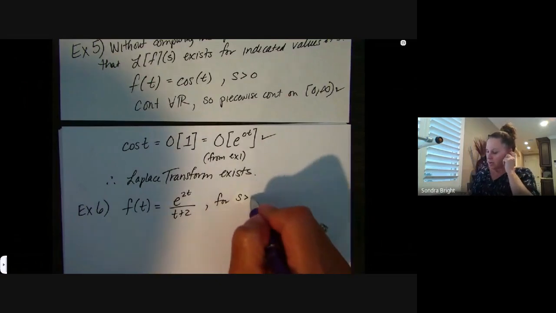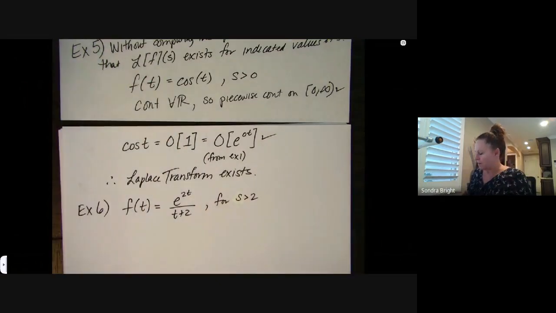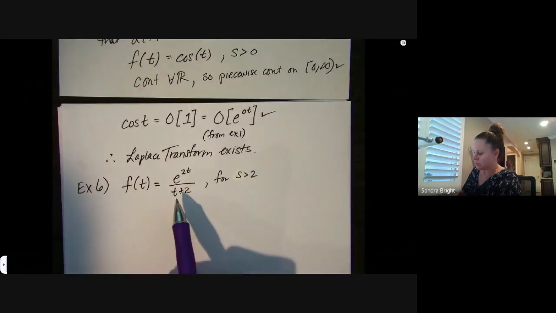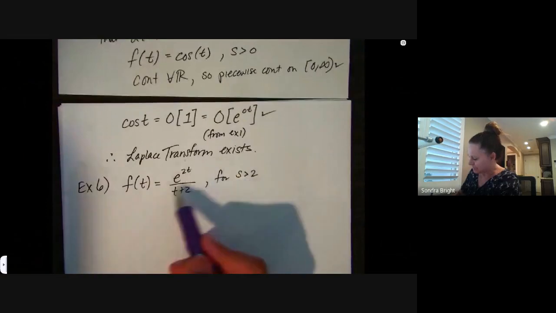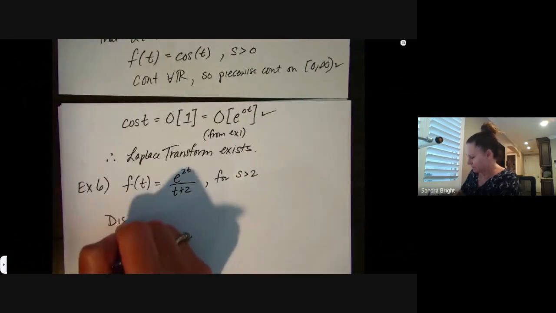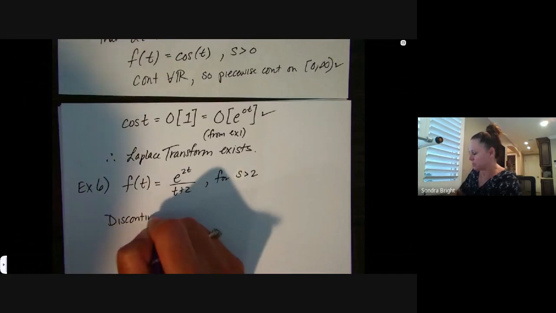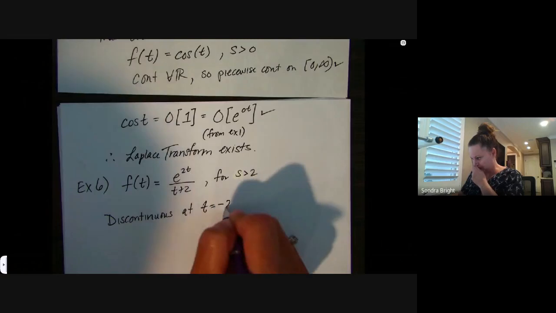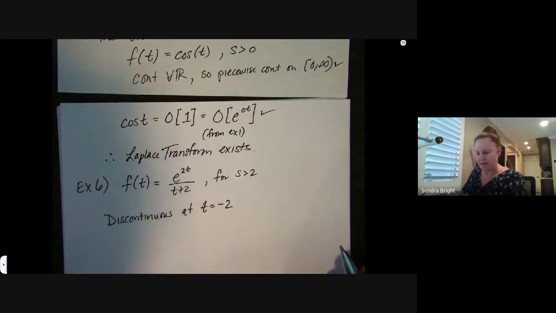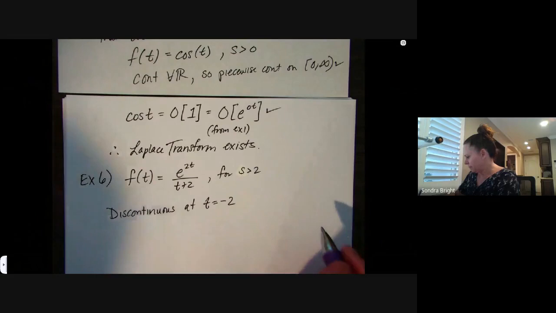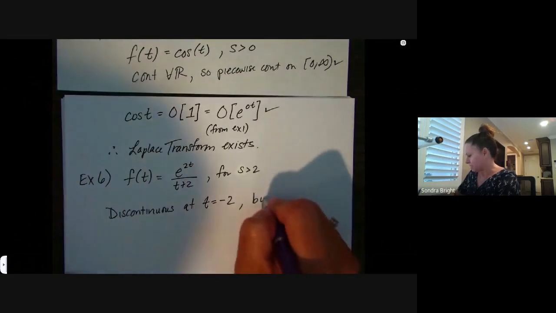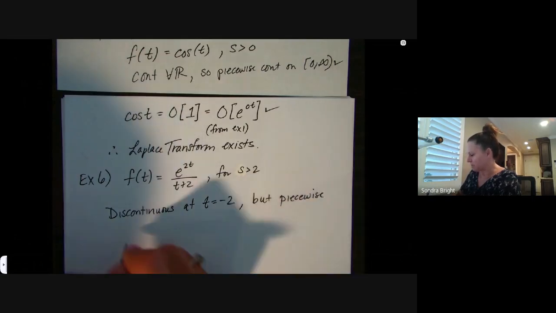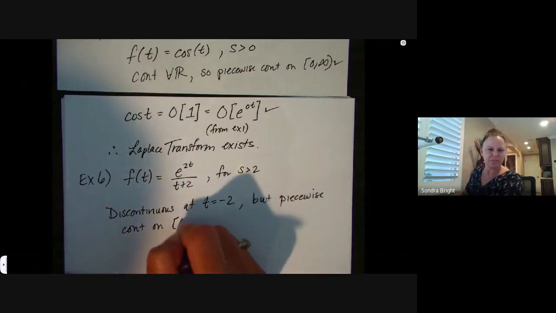Okay, so what do we know about this guy? Well, we know that this e to the 2t over t plus 2 is discontinuous. We've got a vertical asymptote at t equals -2, right? But we don't care about it over at -2, because it's piecewise continuous on the interval from 0 to infinity, since -2 is to the left of 0.